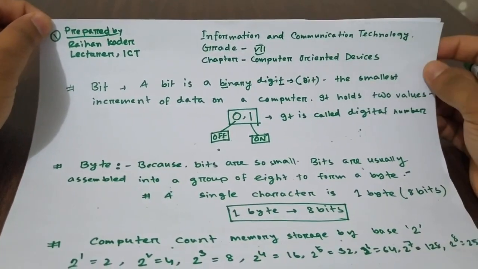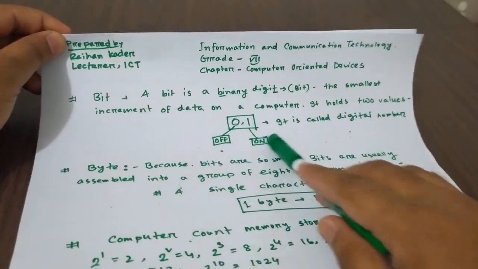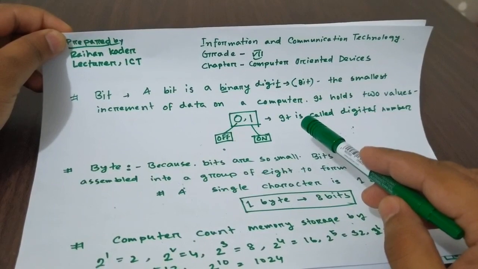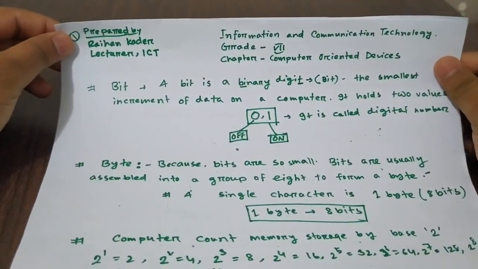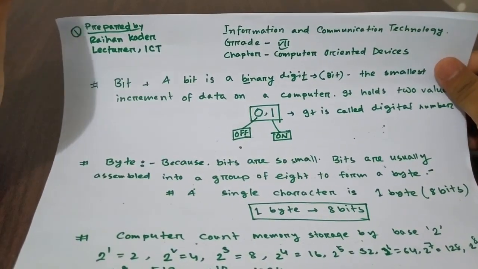The smallest increment of data in a computer, which holds two values, is called the bit. So a bit has actually two digits, 0 and 1. We also call that binary digit. It's a computer language.